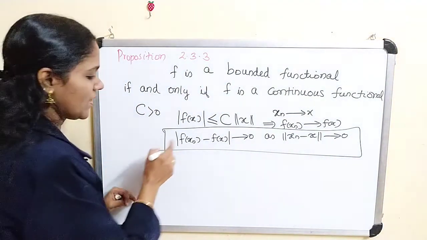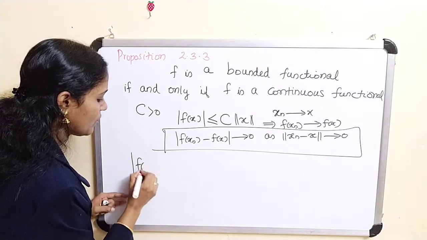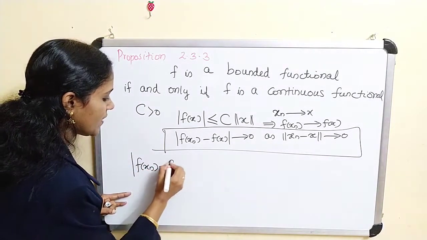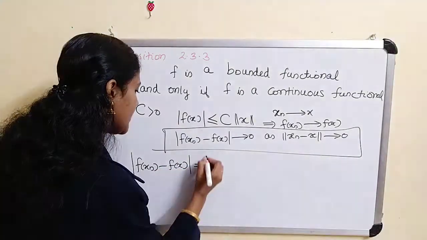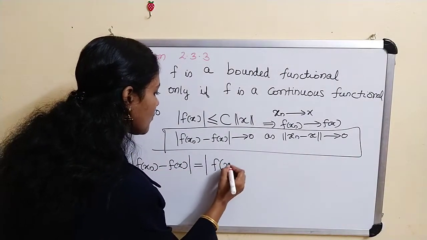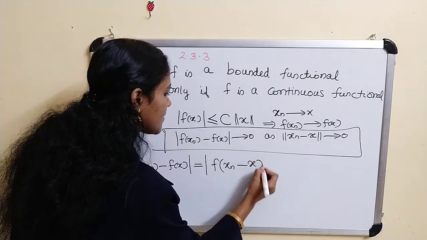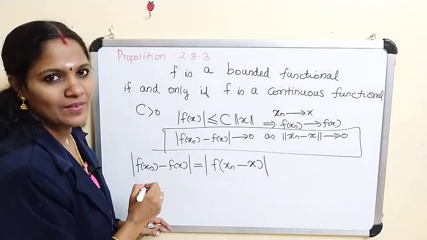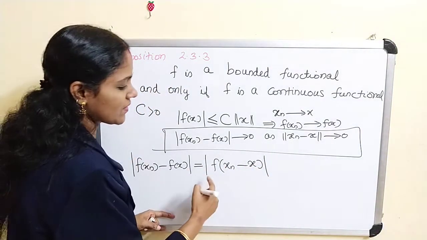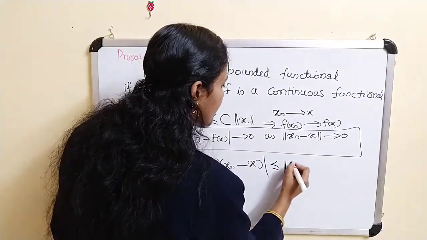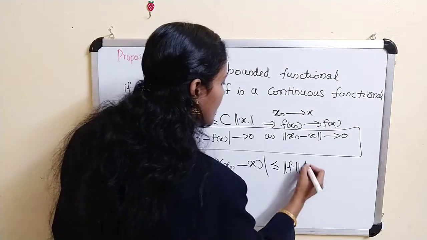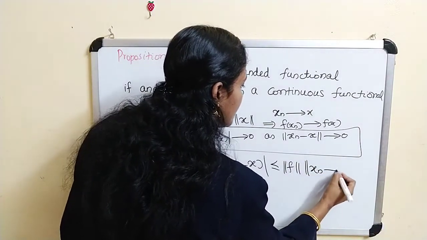Okay, now you take this modulus of f of xn minus f of x. Clearly this is equal to, as f is linear, this you can write as modulus of f of xn minus x. Okay, but we have already discussed mod f of x is less than or equal to norm of f into norm of x. Here it is norm of xn minus x.